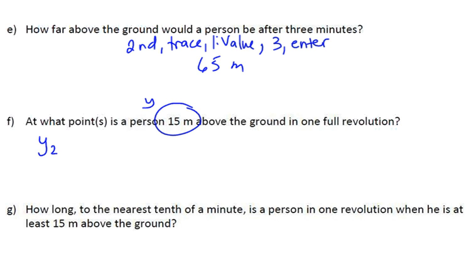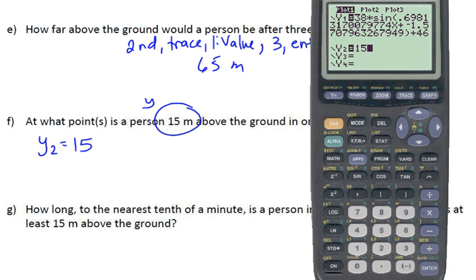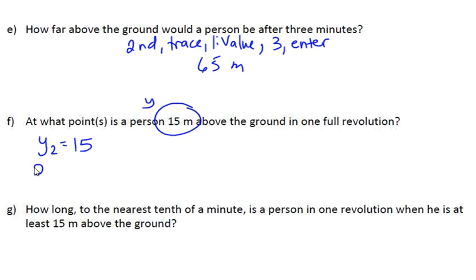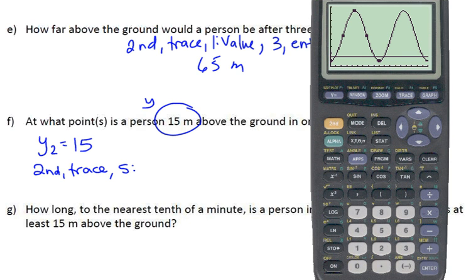So here we want to go Y2 equals 15, and then what? Kai, what would we do next after you type in Y2 equals 15? Second trace, what are we looking for? You're looking for the intersect.